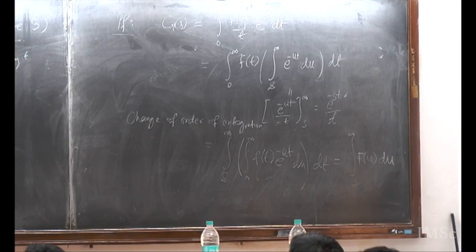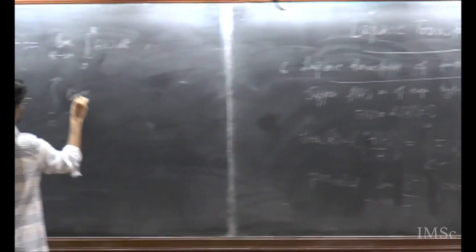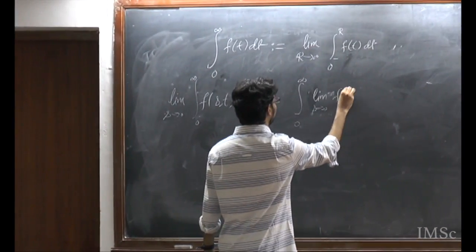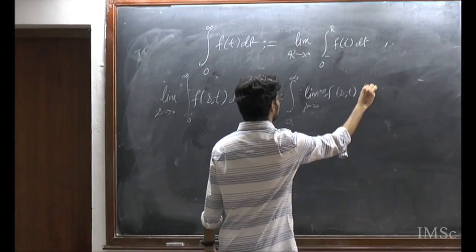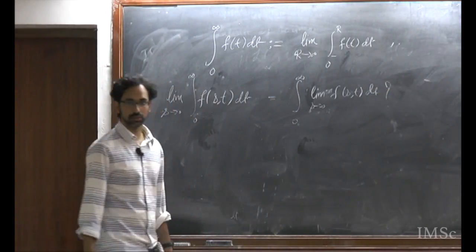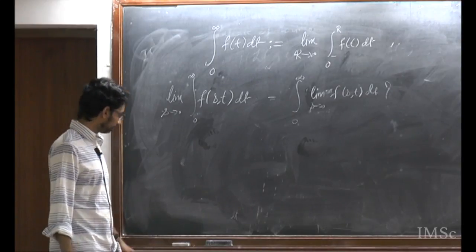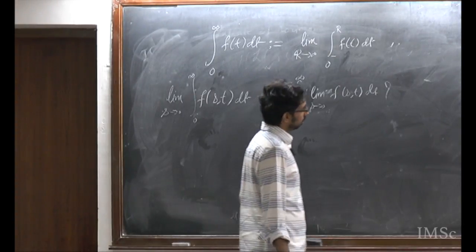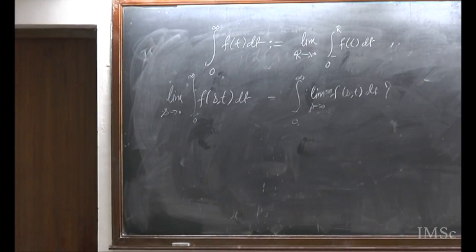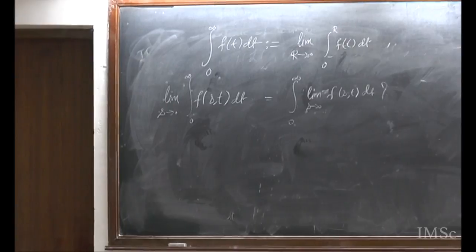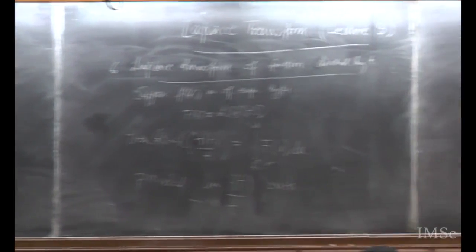Is it true that this is equal to the integral of the limit as s tends to 0 of f(s, t) dt? No. In general, no. Okay? So you have to be very careful, and there are conditions on this type of integrand for a function of two variables when you can do that.